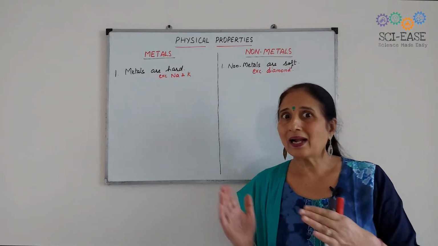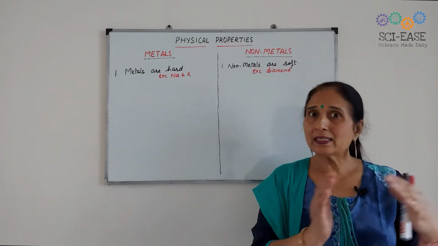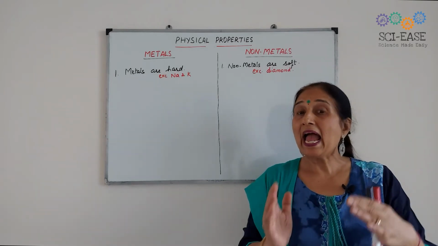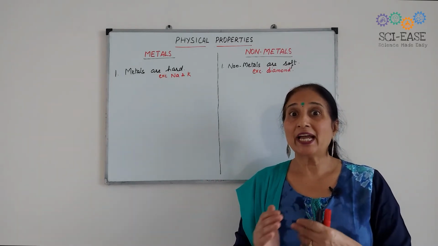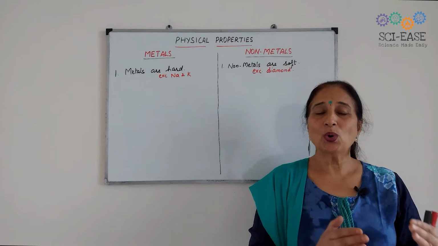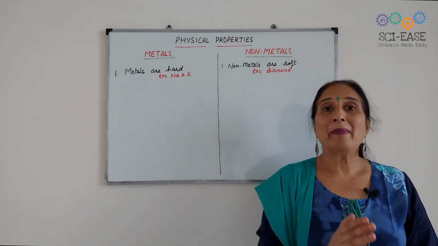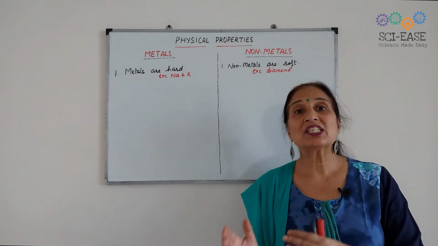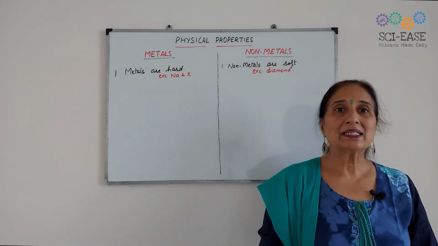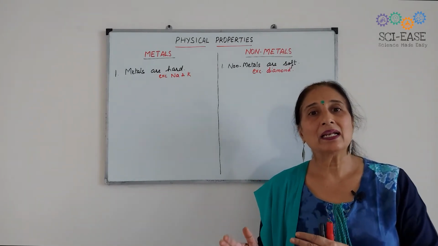So what is that known as? All these are metals and they have luster, shining appearance. So we will say that metals are lustrous or metals have metallic luster.